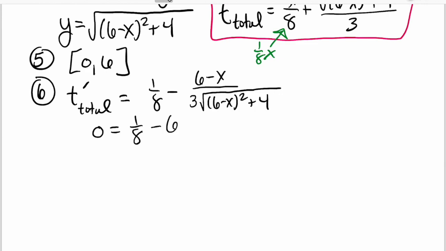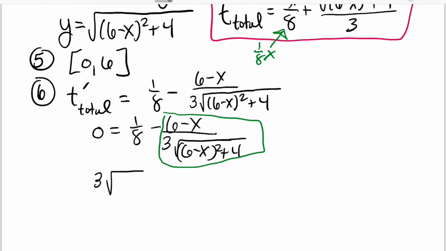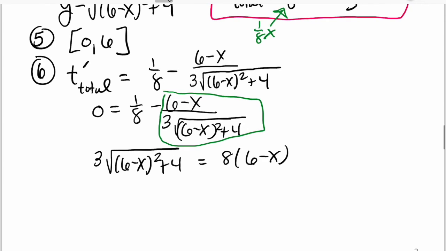So let's start by setting this equal to 0. I could add that fraction that I enclosed in green to both sides, and then I can cross multiply. So when I do that, what I'm going to get is 3 times the square root of (6 minus x) squared plus 4 is equal to 8 times (6 minus x).